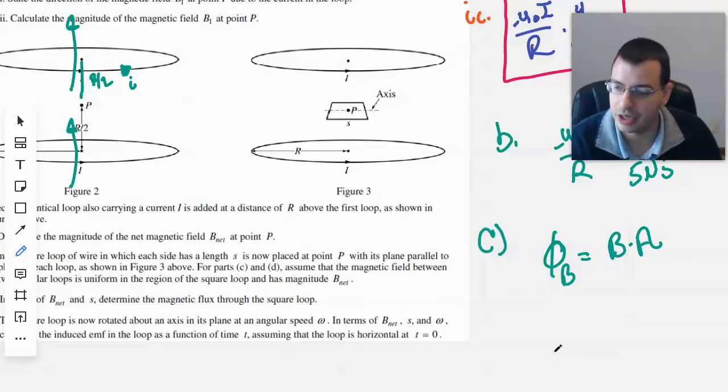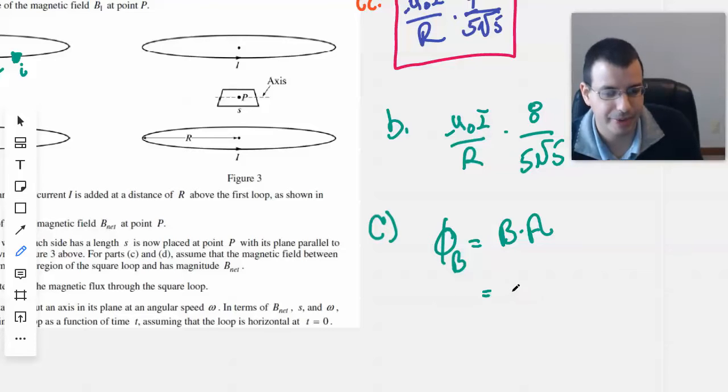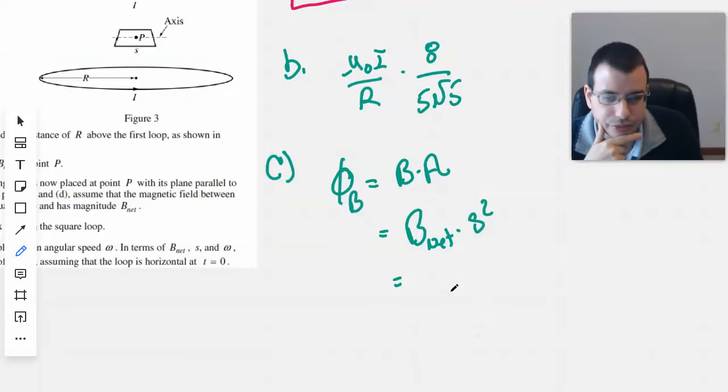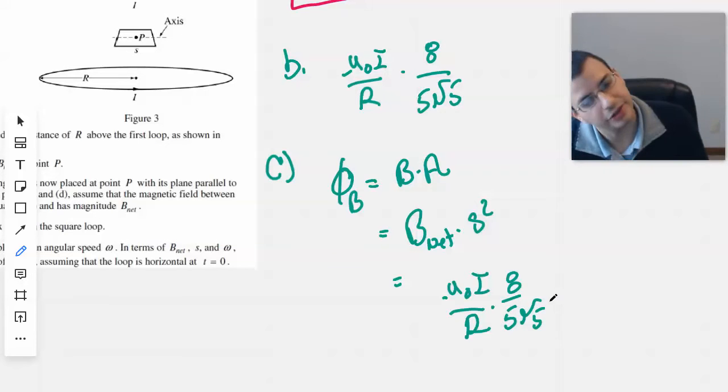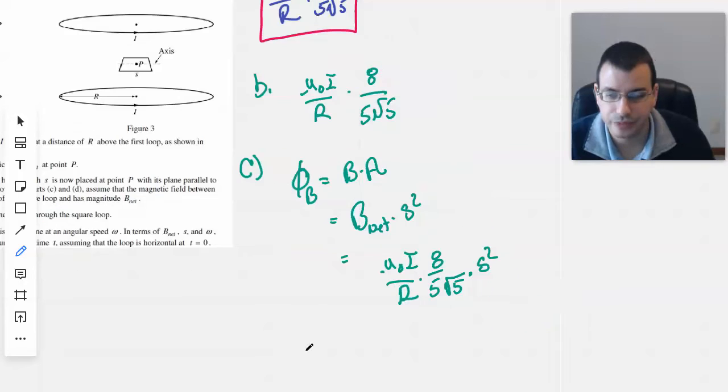So magnetic flux would then just be B net times S squared, which is mu naught I over r times 8 over 5 square root of 5, that's a terrible square root, times S squared.